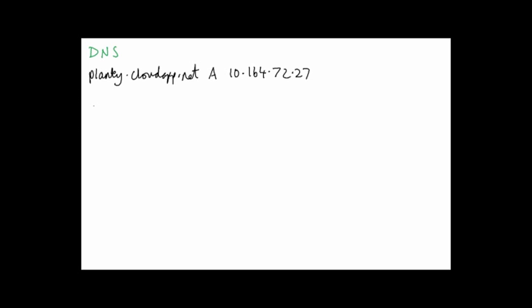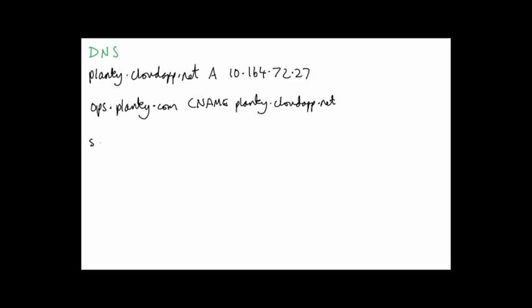I'm also going to have one that says ops.planky.com, and this is going to be a CNAME record, a canonical name record, which points to a host. In this case, planky.cloudapp.net. And we know how that resolution works because we talked about it in the first section.